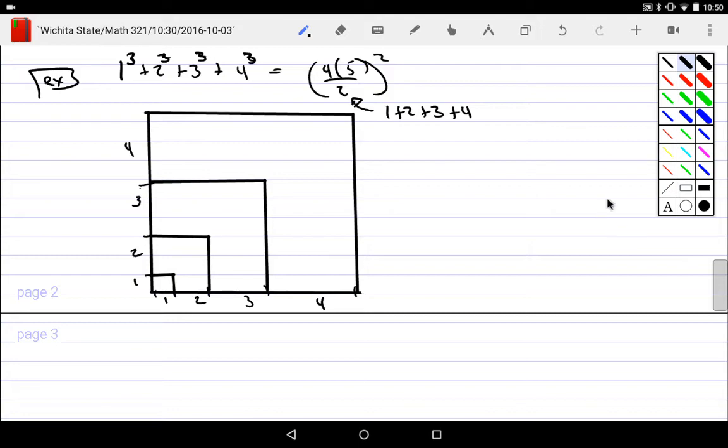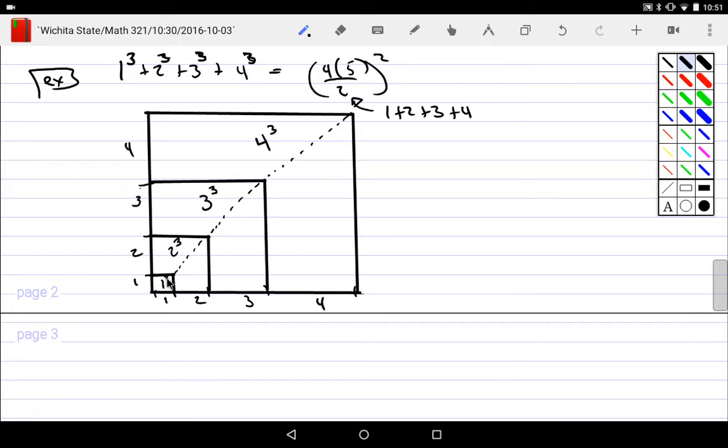Well, what's kind of interesting is if you would go to this problem and say this L-shaped region is 2 trapezoids. If you calculate the area of this L-shaped region, it's going to be 4 cubed. If you calculate the area of this L-shaped region, it's going to be 3 cubed. If you calculate the area of this L-shaped region, it's 2 cubed. And what's that?